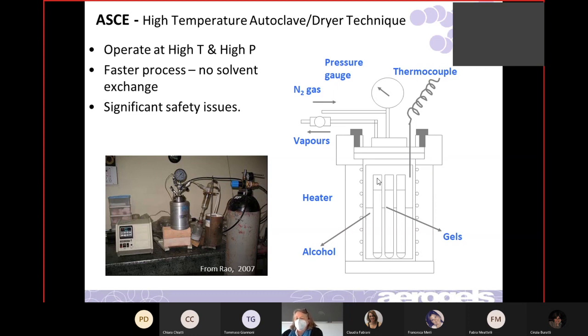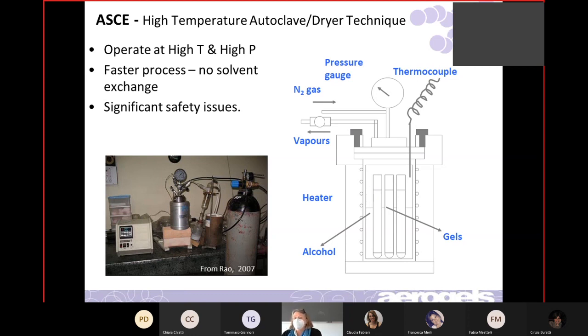You make your gels perhaps in a test tube. So those are here. And you take the whole volume inside, all of the inside of this area. You fill it with alcohol, the same alcohol that is in the gels. And so if it's TMOS, it would be methanol. TEOS might be ethanol. And then you heat the whole system.